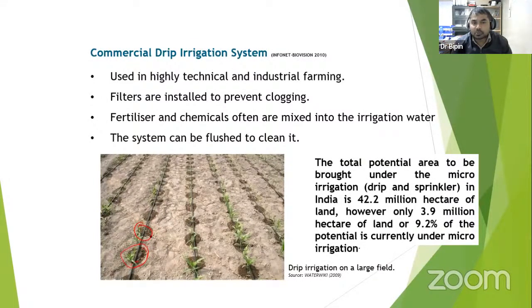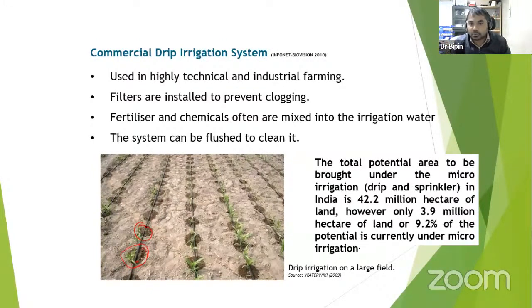By chance he noticed that some trees and plants in a dry area were looking very green, and when he investigated, he found that from a hillside a very small amount of water was dripping. Taking that concept, Simcha Blass developed the drip system.